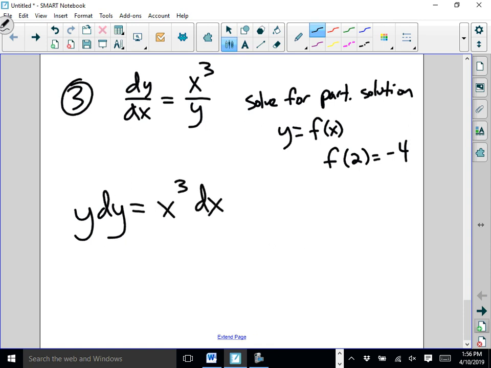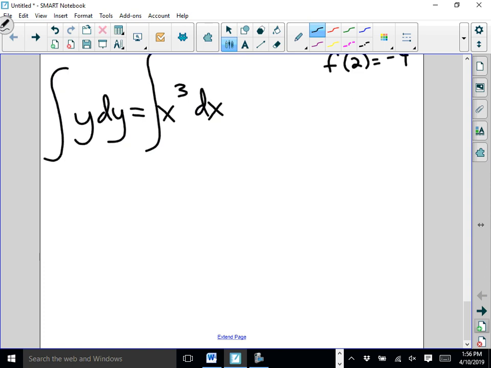You got to do that step right. Now we integrate. Obviously not a natural log this time because we don't have a y in the bottom. The antiderivative of y, we bump and divide and we get 1/2 y squared equals 1/4 x to the 4th plus c.